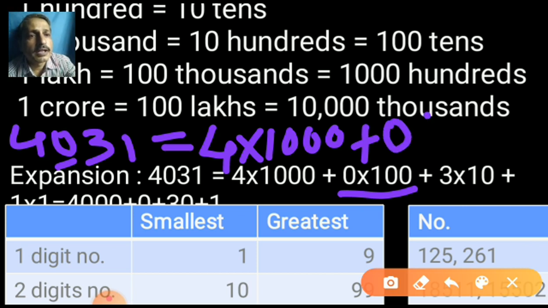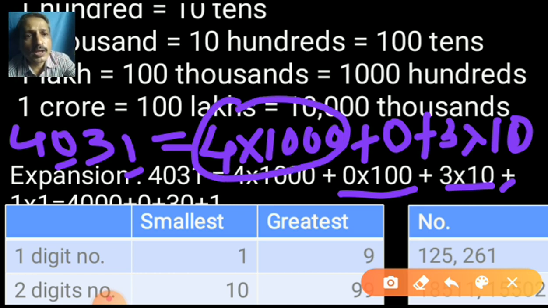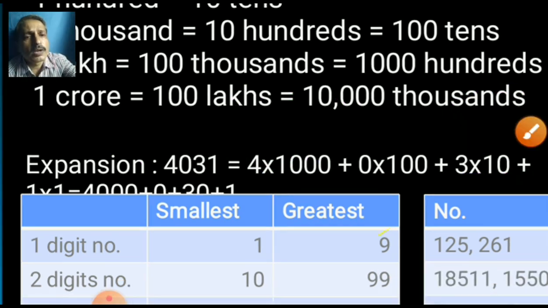Plus 30, 3 into 10. So that means 30. Is it, student? Or plus, one more time, 1 into 1, because 1 is in the ones place. Now add up all together. This is 4000, this is 30 and 1. So the answer is 4031. Yes, you already did it in 5th standard. Very nicely, correct.